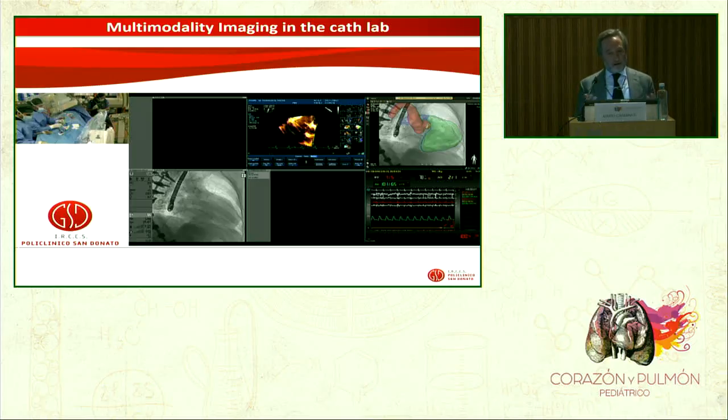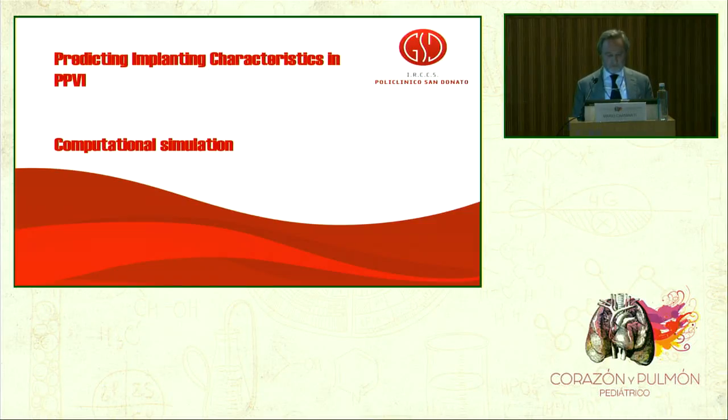You can see everything on a single large screen. And then, according to the peculiarity of each individual case, you can select what you want to see. If you want just to see the echo, for example, we just have a single picture of echo. You can see, if you like, fluoro and echo, etc. So you select what kind of images you want to use during catheter intervention.